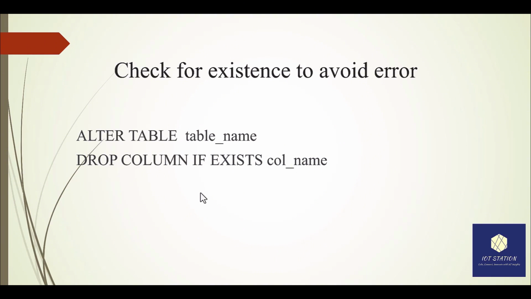If there is no such column, then nothing will happen. So if you don't want to face any error, maybe because you already deleted this column but don't know, or someone else deleted it, you can use if exists to avoid this kind of error for the drop.